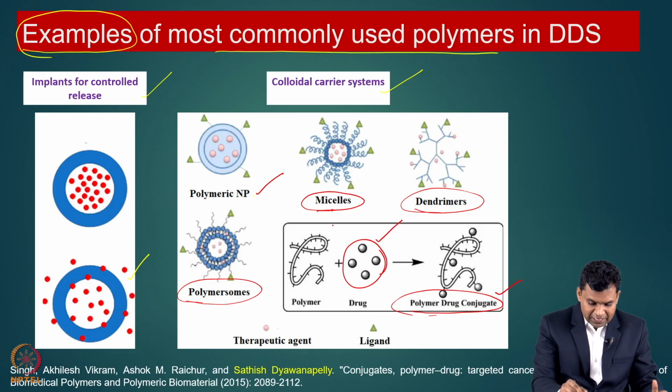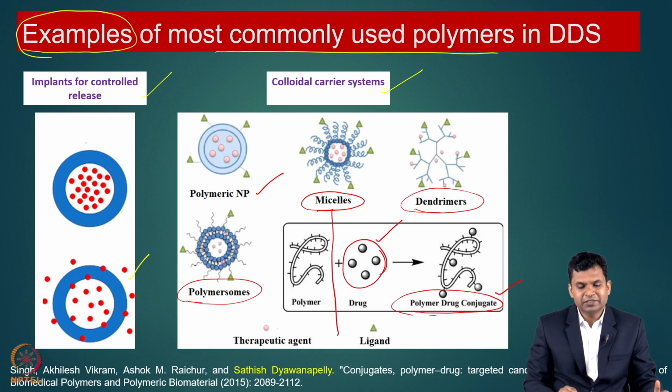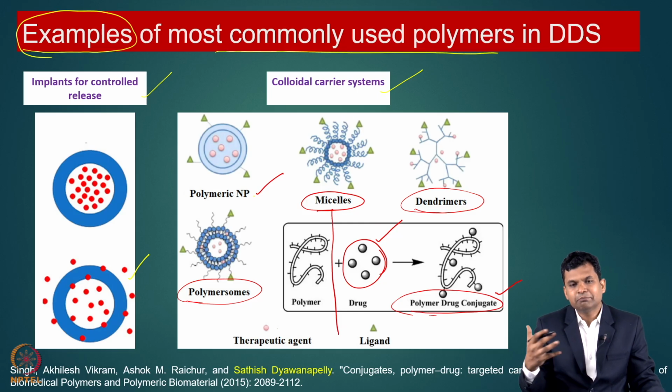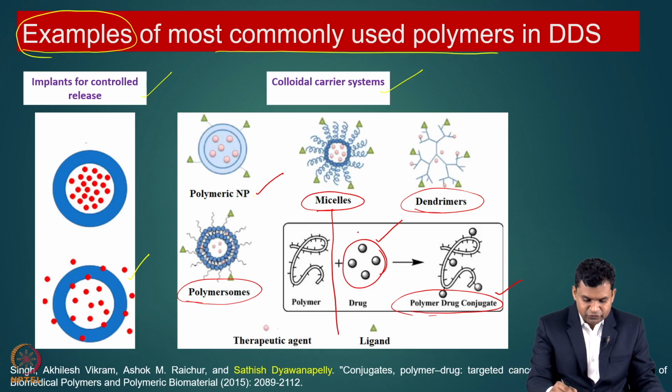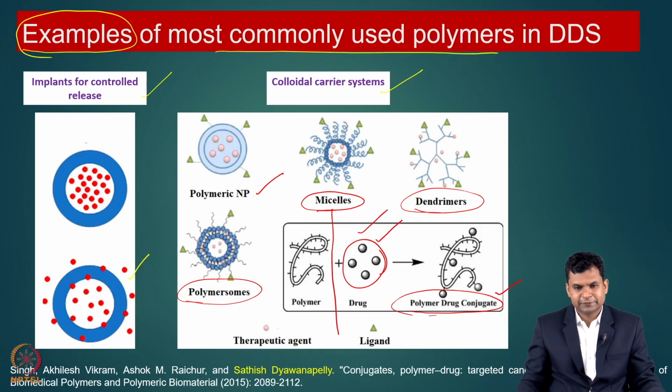Here we can use various types of polymers with various anti-cancer drugs. With that we can make a new product which shows a completely different ADME profile, and its efficacy and safety are completely different compared with the free drug.